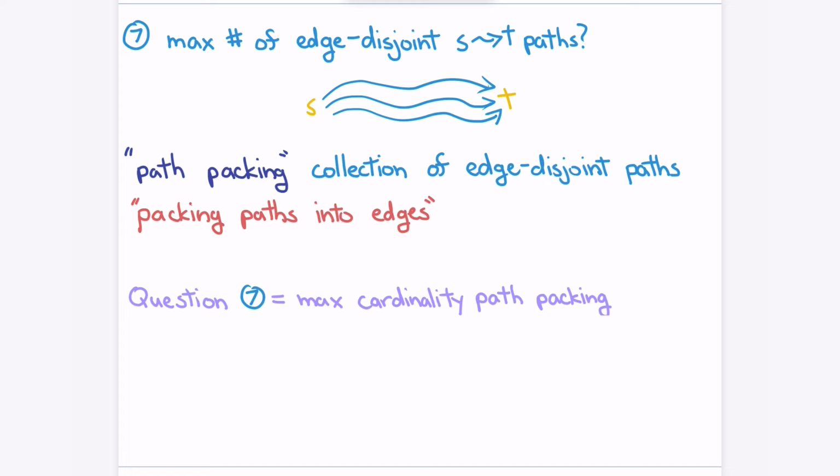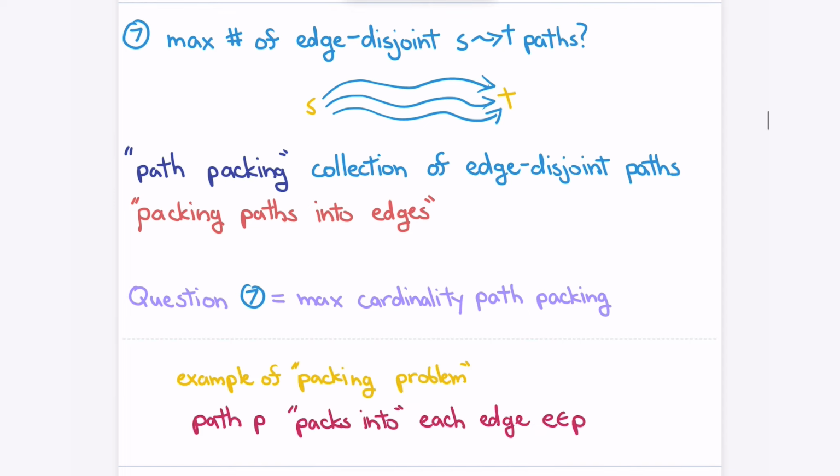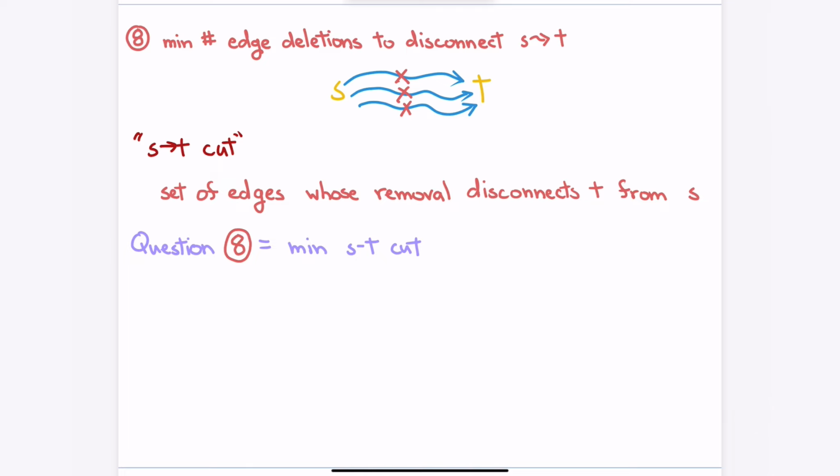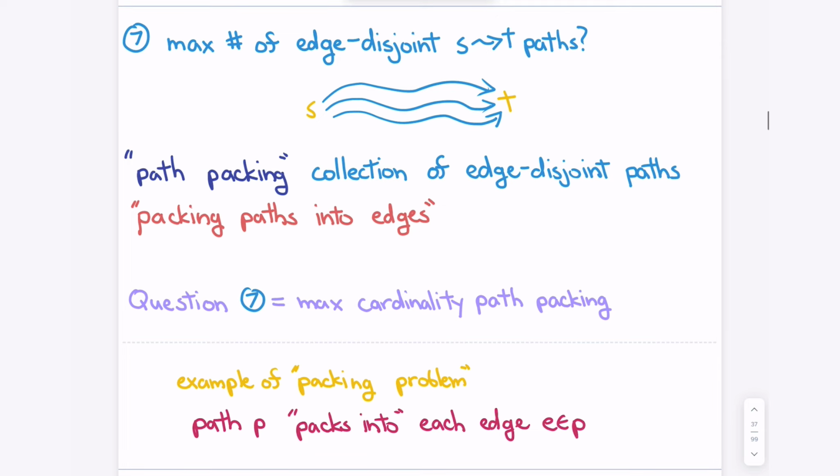So it's a packing problem. I'm packing paths into edges. It's a funny packing problem because there are exponentially many paths you can take, but still, you're just trying to stuff things in. So I can think of an S to T path, where the limited resource is edges.